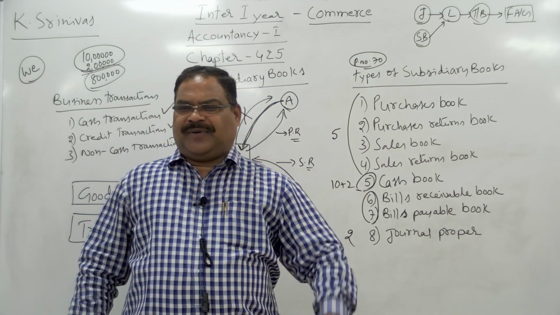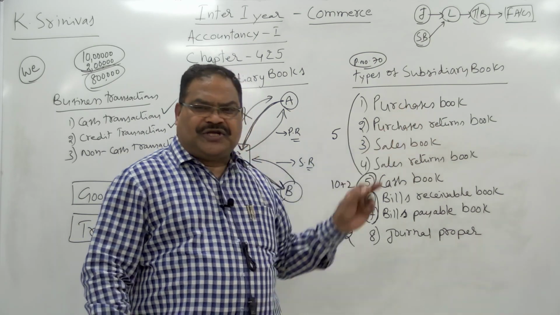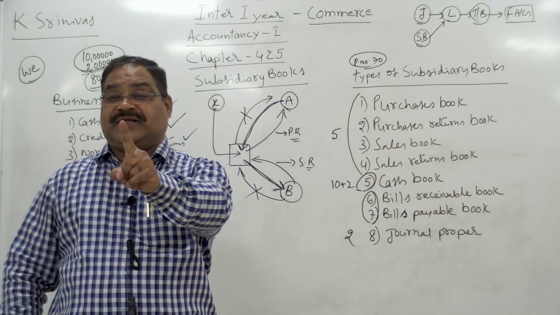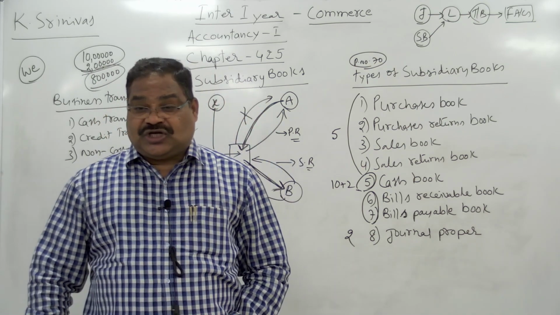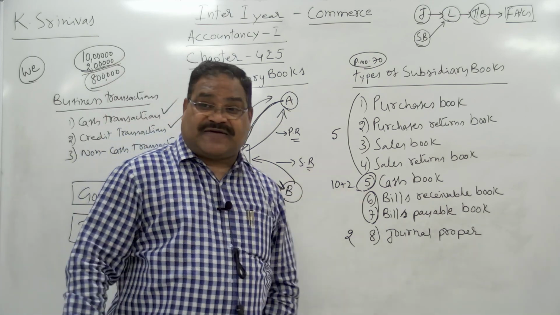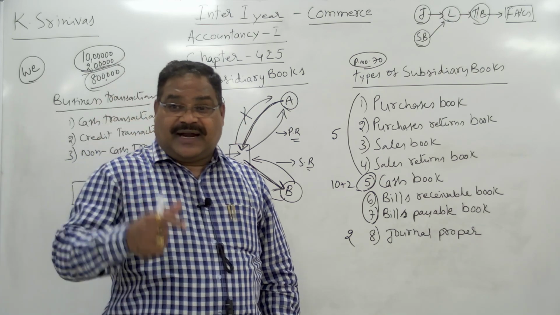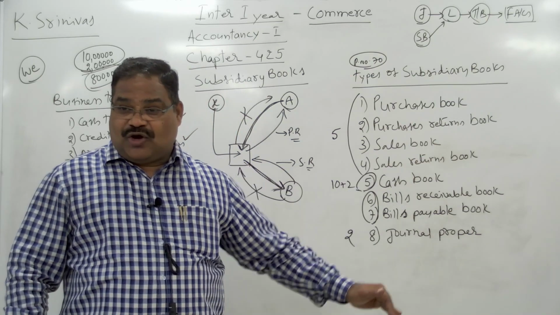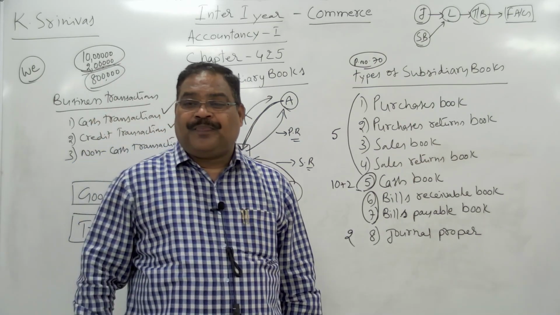It is a very simple book, the purchase book. In the purchase book, we should take all credit purchase of goods. You should remember this, you can note it down. And for your kind information, in your accountancy textbook, page number 70, you can see the types of subsidiary books, and they have given all these. Those only I am explaining to you.